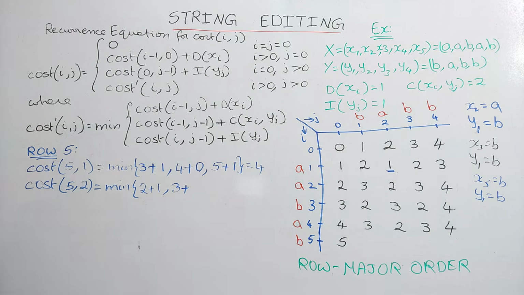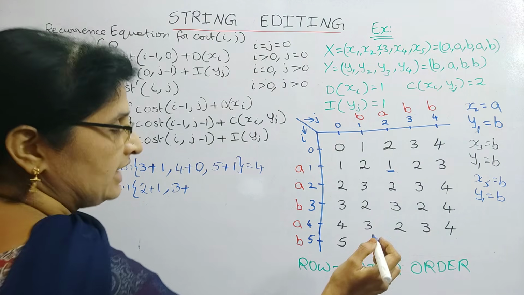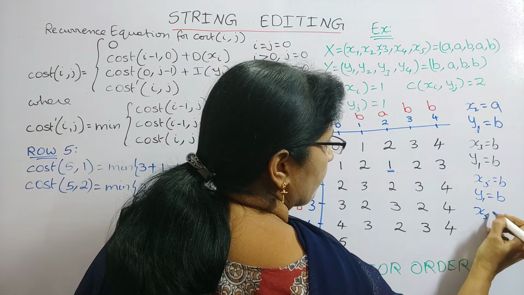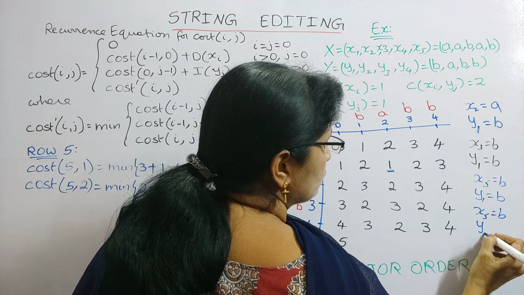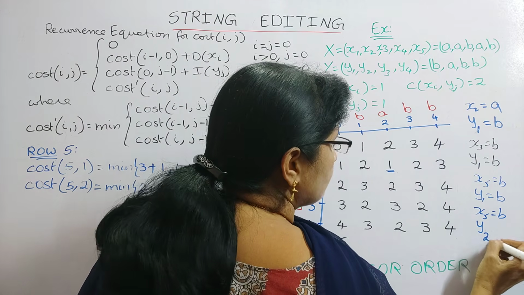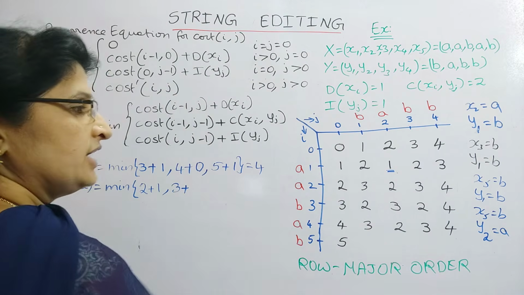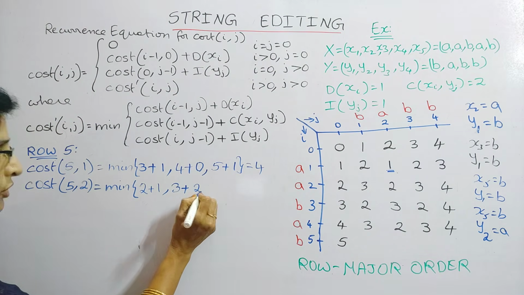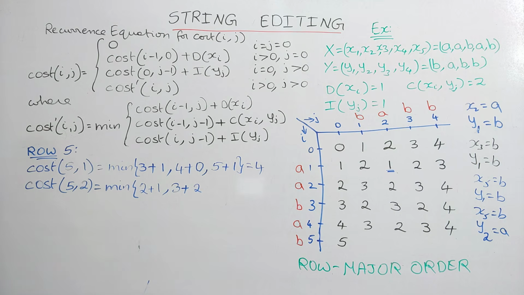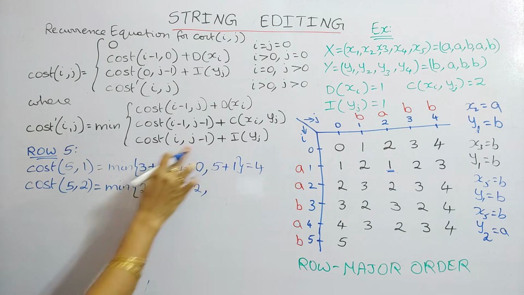And next one is change of x5 and y2. What is y2 here? It is a. Because both are different, you need to perform the change operation and its cost is 2. And the last one is cost of i, j minus 1.